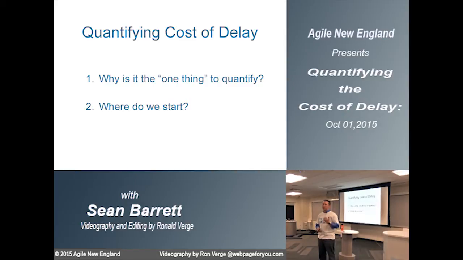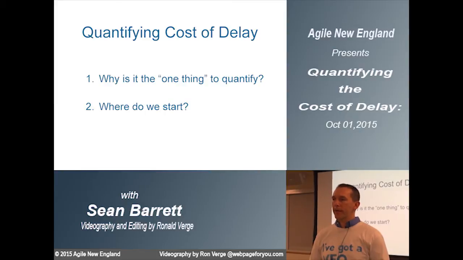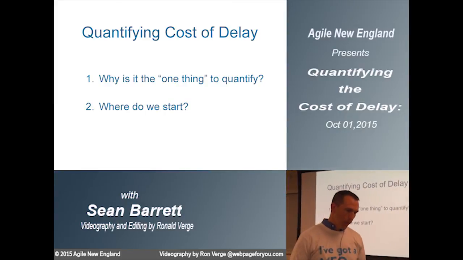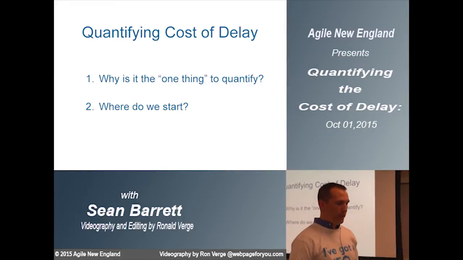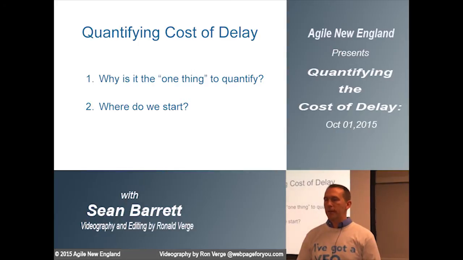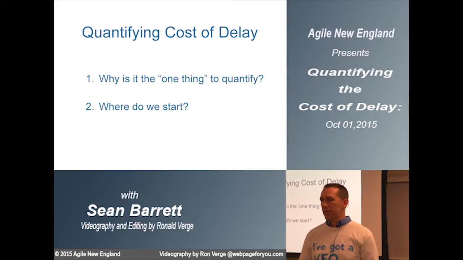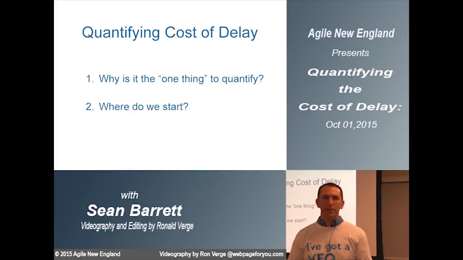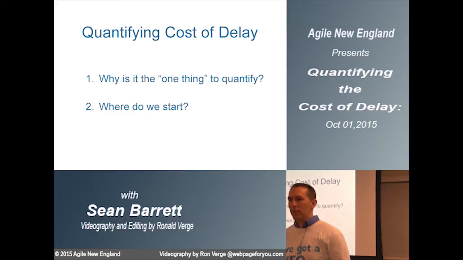And when we turn to cost of delay, it gives us an opportunity to take a look at the value of our options. And when we understand those better, our ability to set aside the work that we shouldn't be doing becomes really clear, once you understand the value in an objective way rather than just gut feel. Gut feel tends to lead to a lot of arguments about my opinion, your opinion. Data helps us resolve those more easily.